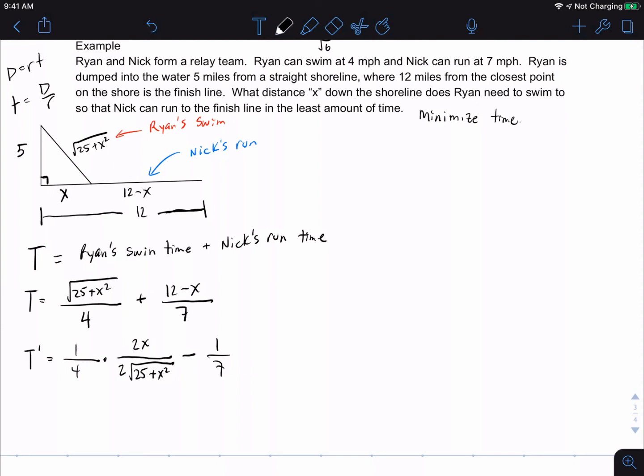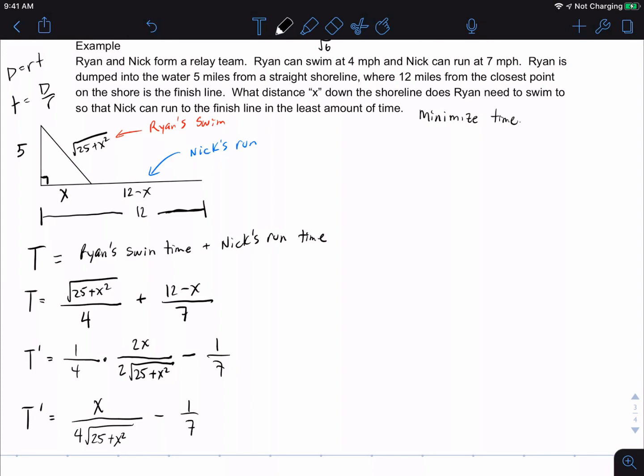I'm not perfect, and I don't want to mess you guys up, so it's important to me that you guys get this right. All right, so then t prime is going to be, the 2's will cancel, so I'm going to get x over 4 root of 25 plus x squared minus 1/7, right?